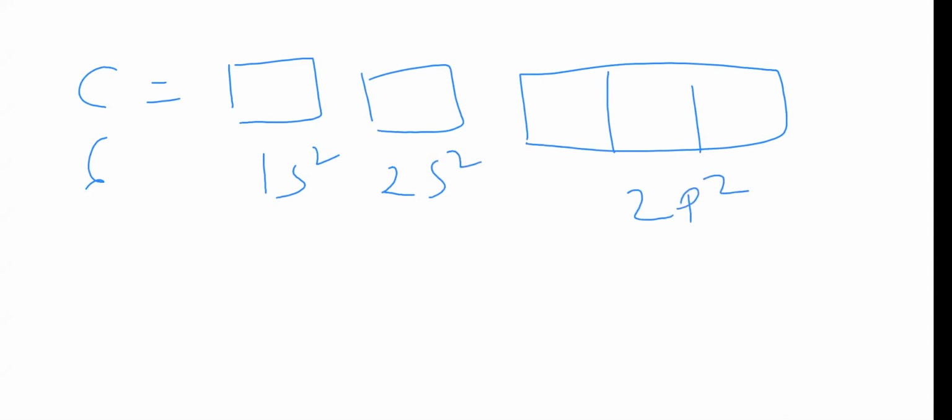This is the ground state electronic configuration. If we talk about the ground state, it means we follow Hund's rule of maximum multiplicity and start filling the electrons like this, one anticlockwise, one anticlockwise, and then this. So the total number of electrons here is 6.